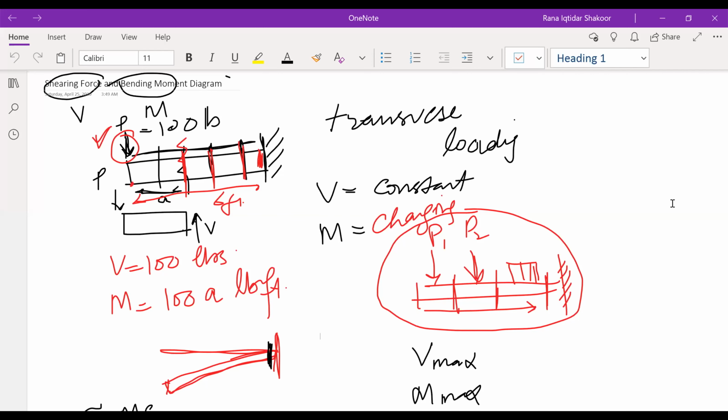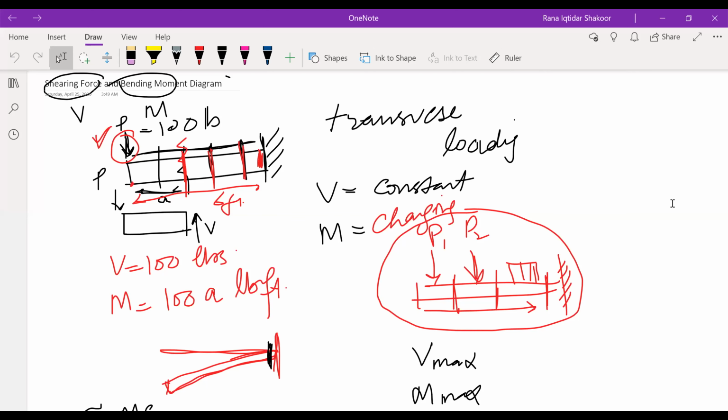Right. We were over here last time where we finished. If we have a cantilever beam and a load of 100 pound is applied on it, and we take a section at a particular point, there will be a force equal and opposite to the applied load. That will be called shearing force V, like this one.